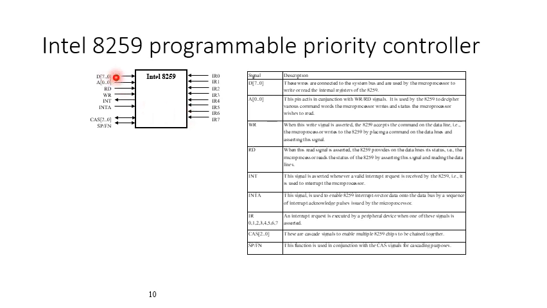And here we have an 8-bit data bus and a 1-bit address bus. This pin acts in conjunction with the read-write signals. It is used by the 8259 to decipher various command words the microprocessor writes and the status the microprocessor wishes to read.